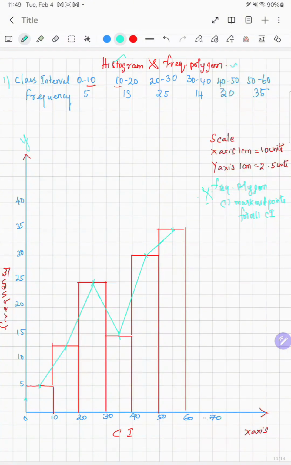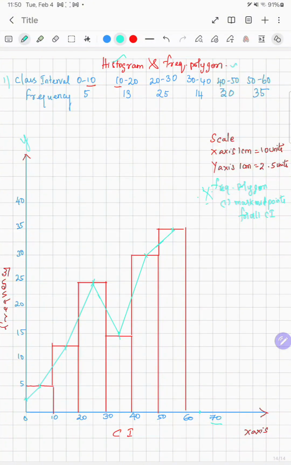Similarly at the end, make one more class interval. Each is 10, so I mark one more class interval, 60 to 70, with the midpoint here. Then connect these two lines and we will complete the frequency polygon.